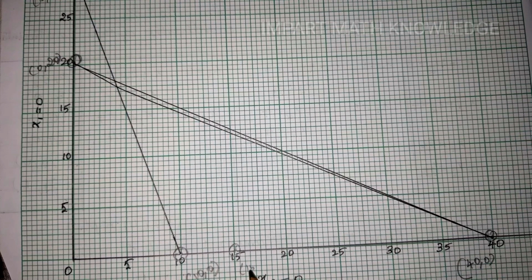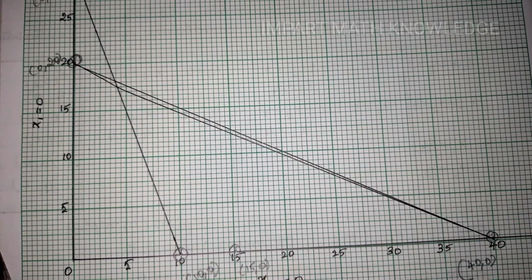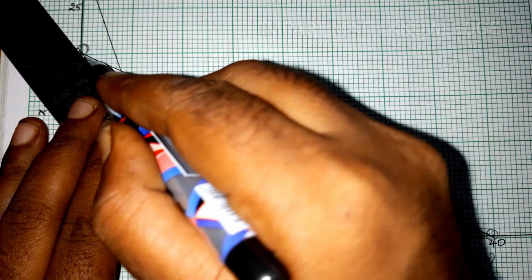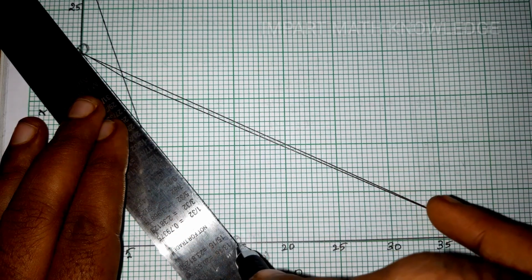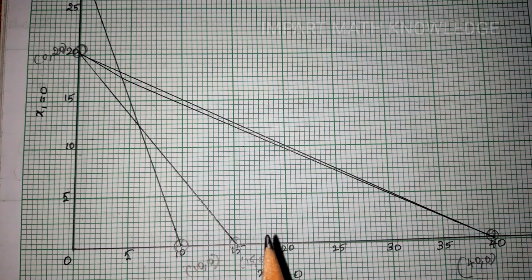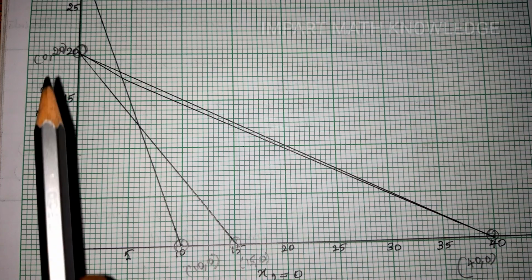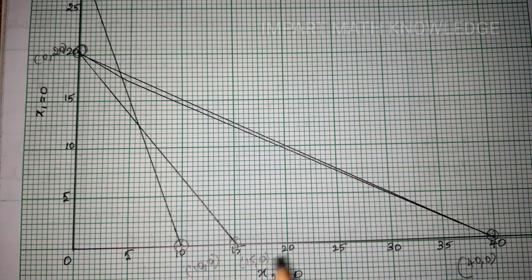This is some point here, 15, 0. Connect these 2 points by a straight line. For finding the feasible region, first you draw the x1 axis and x2 axis and mark all the points. Then plot the coordinates. Once you plot the coordinates, you have to connect those coordinates by a straight line.